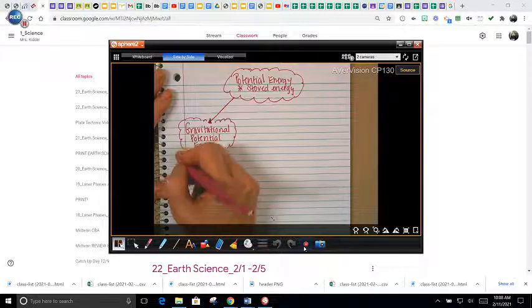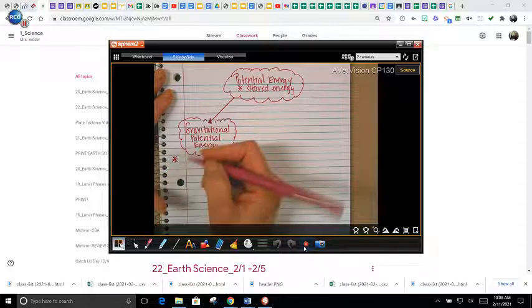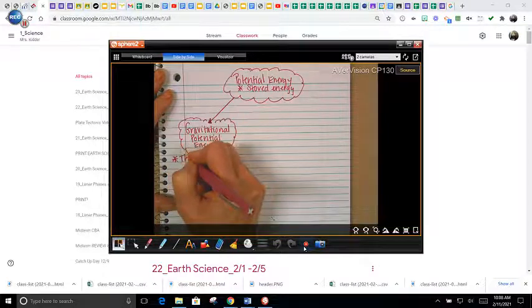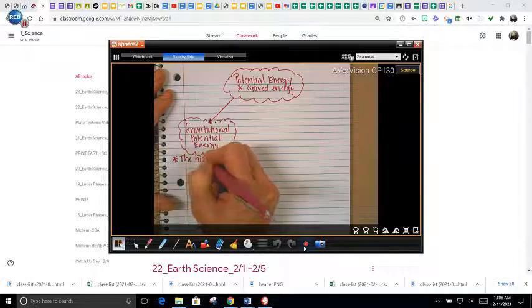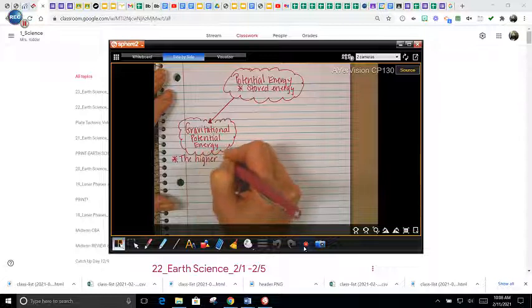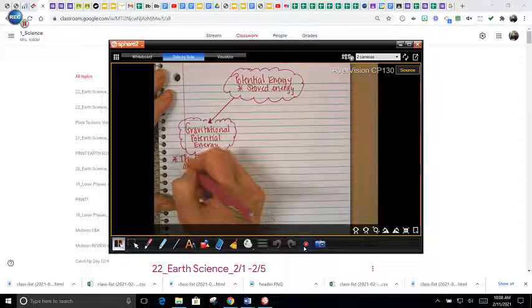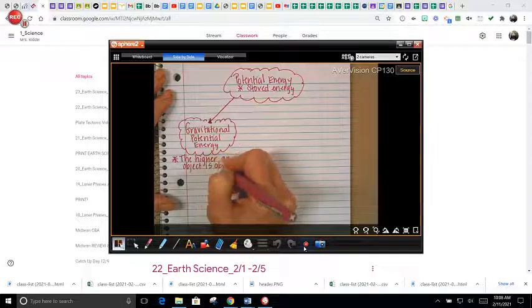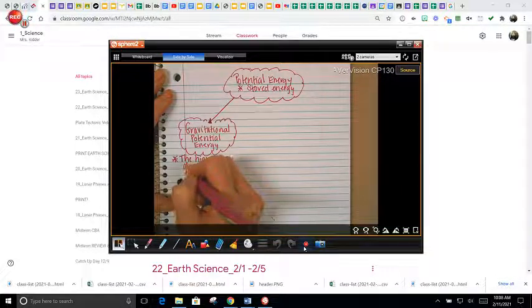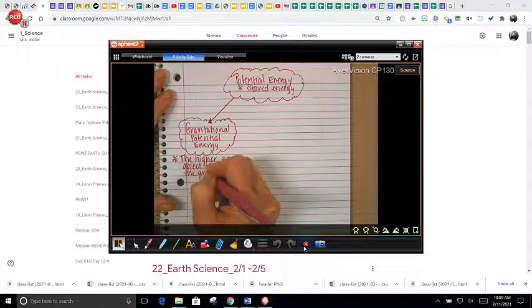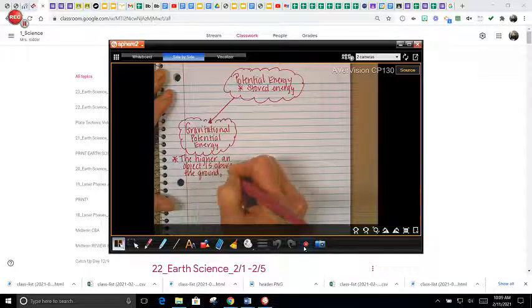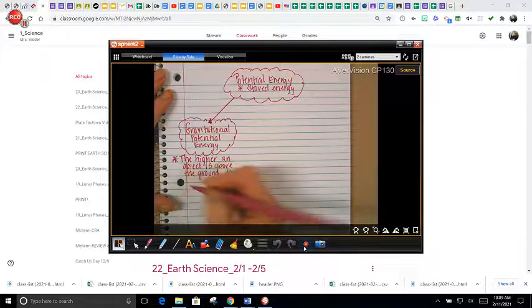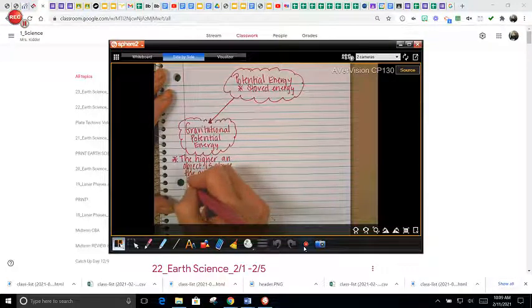So in this instance, the higher an object is above the ground, the greater effect gravity will have on the object, right?